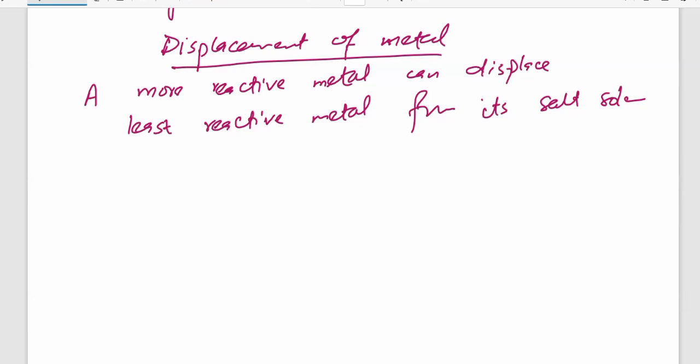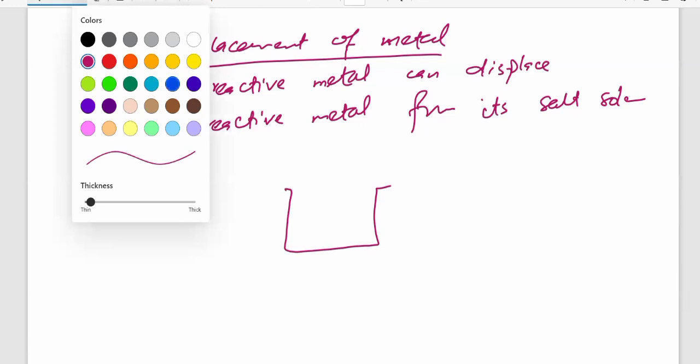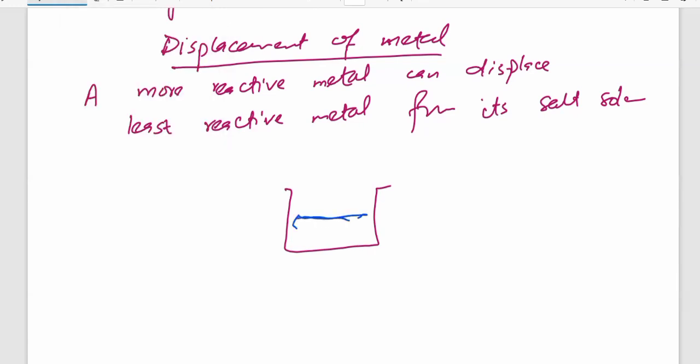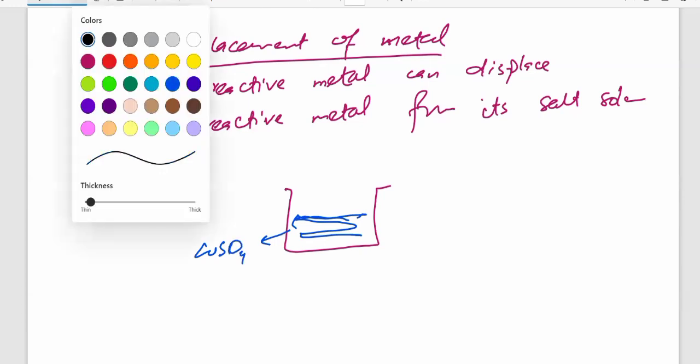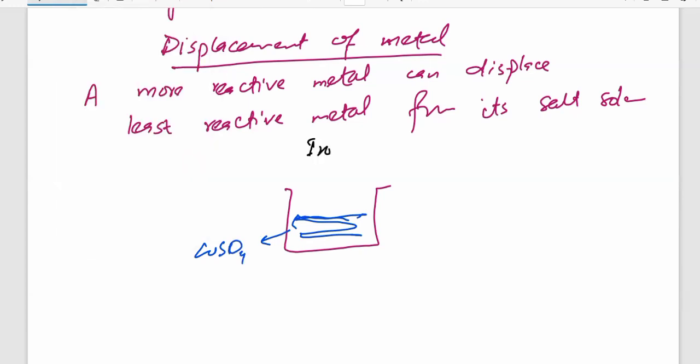How it happens, let me tell you. हमारे पास ना यहाँ पे है blue, ठीक है, then we make it blue. This is copper sulfate. Okay, then you put the iron filings into it. Means powder. Iron filing means powder की form.